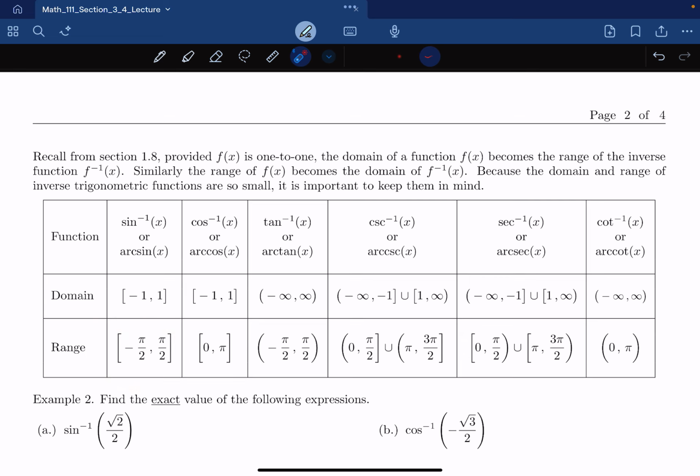Now, the issue with these ranges is that if you have to remember all these ranges, it could be a little bit more tedious. As you practice these problems more and more, you will have no problem remembering these. But for me, it's easier to remember the quadrants of this range. So, for example, the negative pi over 2 to pi over 2, this is really just talking about quadrant 1 and quadrant 4.